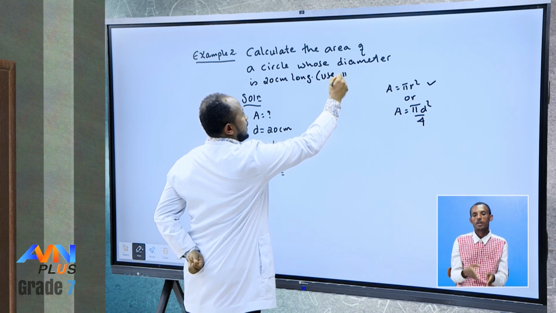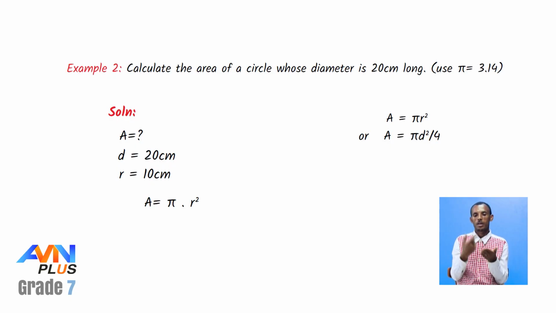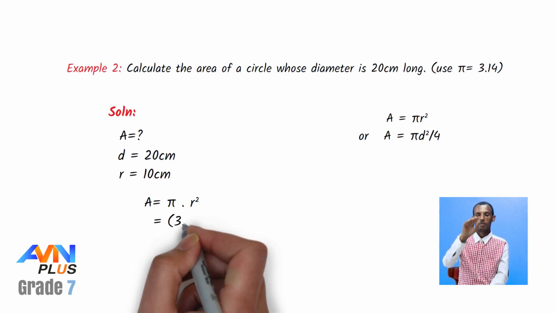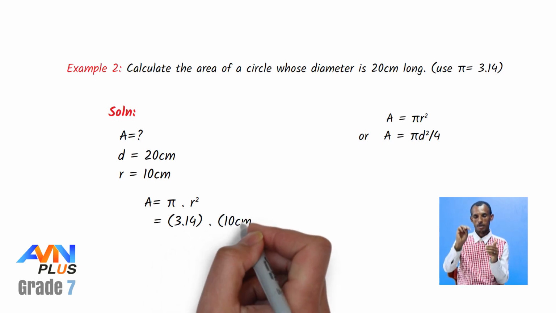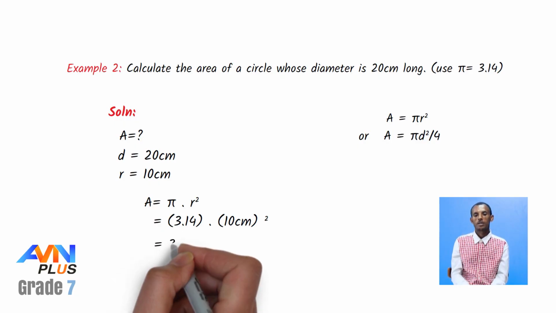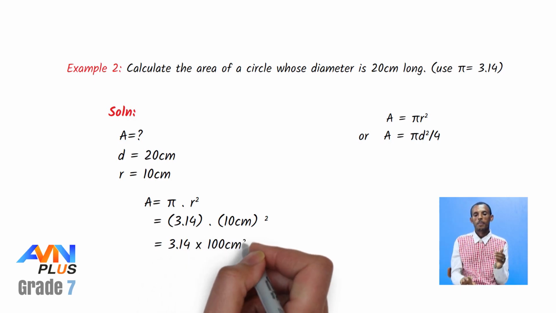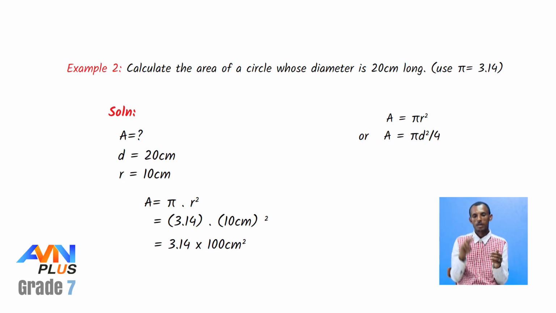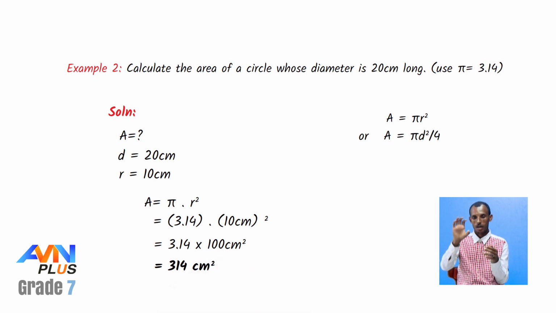So 3.14 times radius, here it is 10 centimeter, squared. 10 squared is 100, so it is 100 centimeter squared. When you multiply these two, you have 314 centimeter square as the area of the given circle.